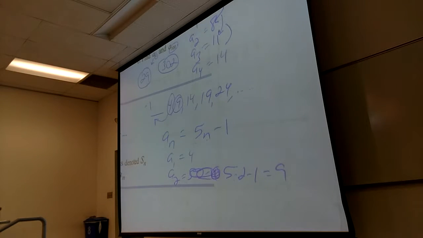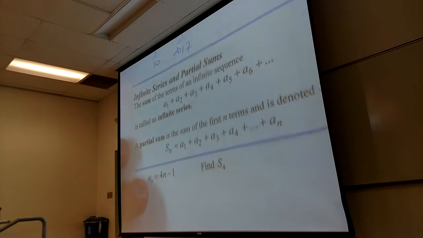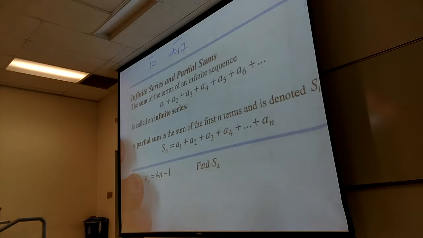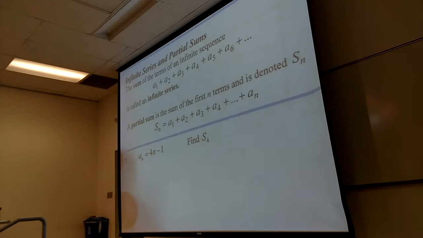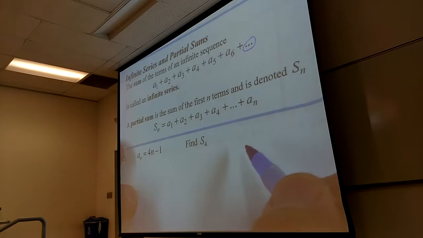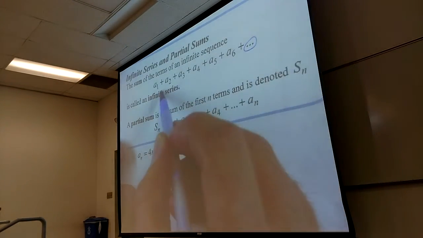So here's the next kind of logical step to take. Once we get a bunch of numbers just separated by commas, I'm curious if there's patterns within the sums of those numbers. If I have an infinitely long series, it's called an infinite series.